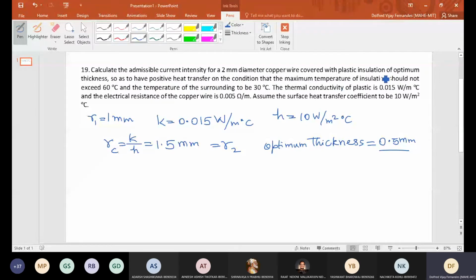That should be maximum here because of the optimum thickness, on the condition that the maximum temperature of insulation should not exceed 60 degrees. Now, when you have an insulation over a wire, where do you expect the maximum temperature? This is the insulation. Inner side. Yes, on the surface of the wire we have the maximum temperature.